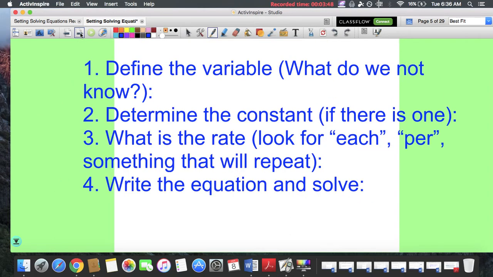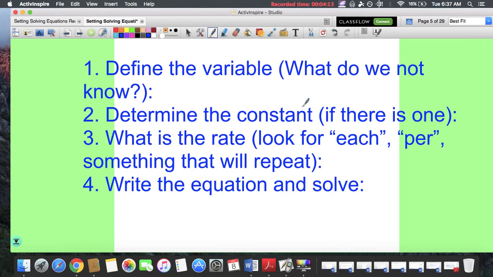So this is pretty much the steps that you have to do to represent a two-step word problem, two-step equation. Number 1, define the variable. What do we not know? We need to find out what the question is asking us to do. Determine the constant, if there is one.